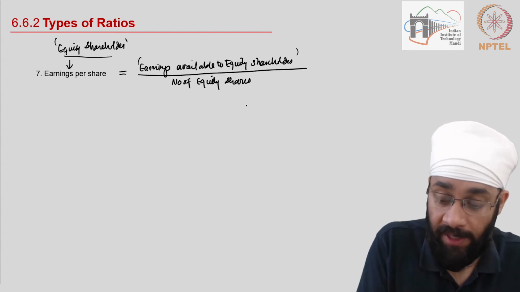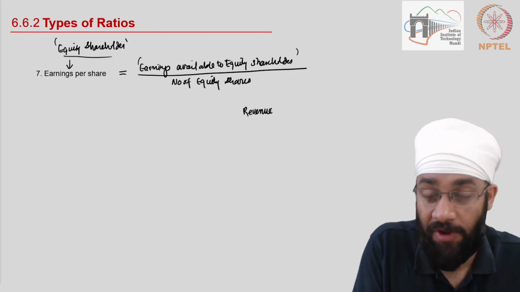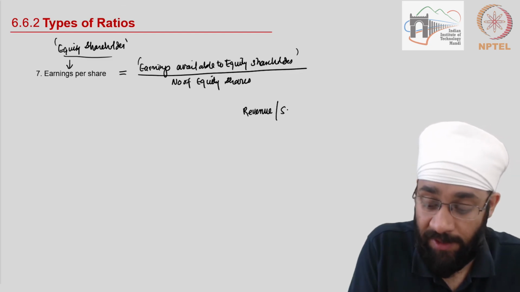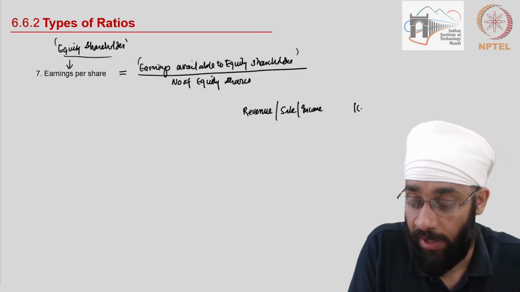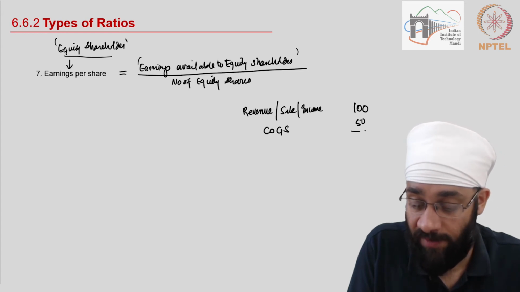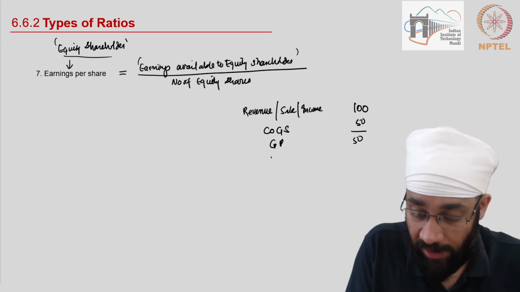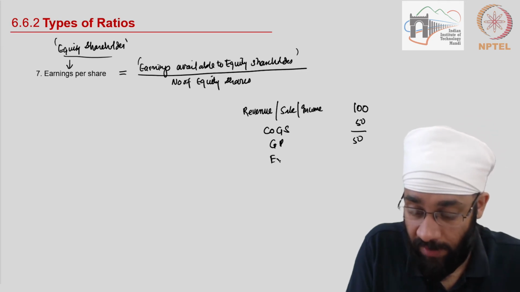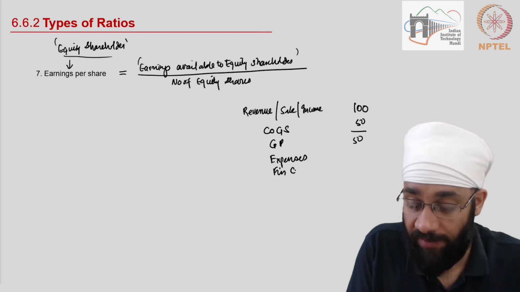I'll explain it again. What is of most importance is the format of the income statement. So revenue or income, whichever name you want to call it, and you take out from it the cost of goods sold, let's say 50, and you have 50 as the gross profit. Then you take out all the other expenses. You have finance cost, and then you pay taxes.